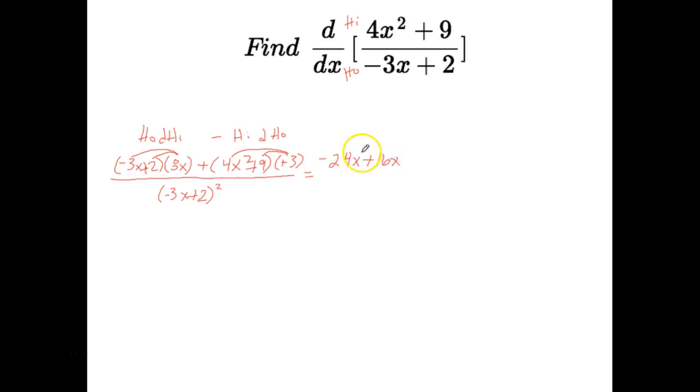Oh, I'm sorry, that was x squared, because it was an x times an x. And then distribute the 3 into both of those, so plus 12x squared plus 27 all over negative 3x plus 2 all being squared.